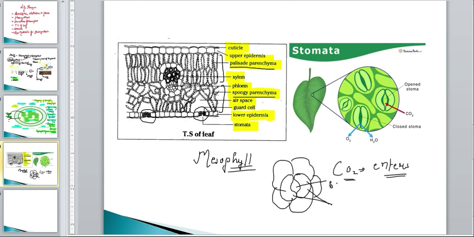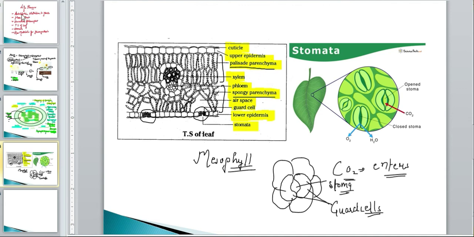This pore is called stoma. So guard cells, these bean-shaped structures, maintain the opening and closing of the stomata. So these many points we have to discuss today.